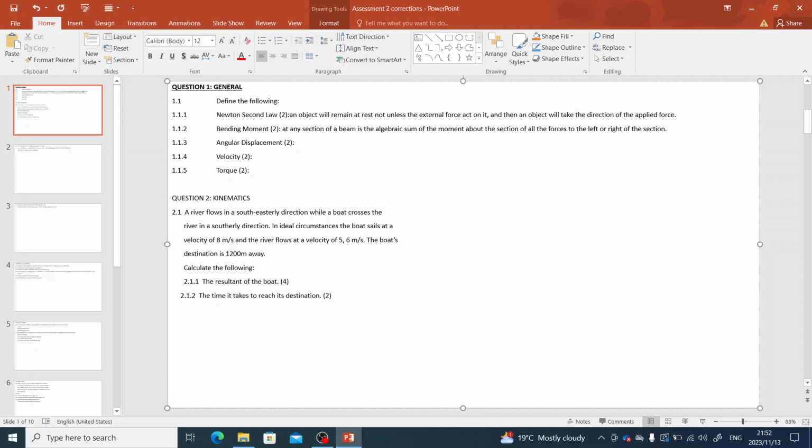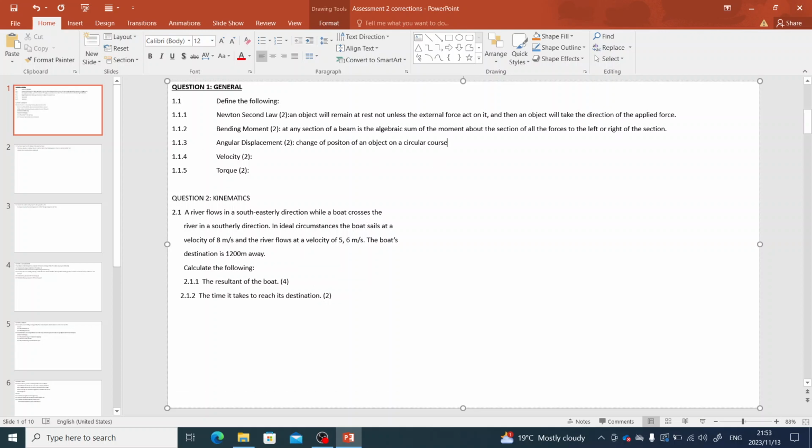Now, angular displacement. Like I said, you can define it as per the displacement. It is easy. It is the change of position of an object on a circular course.